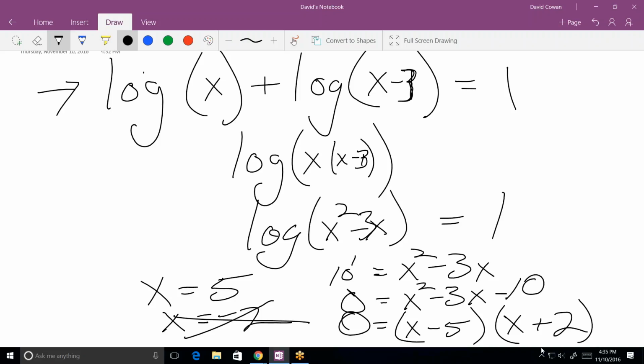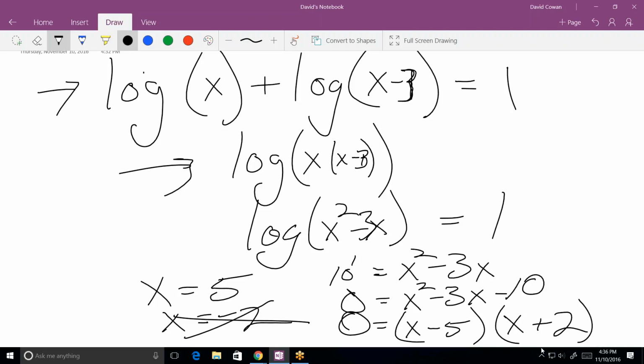And notice one other extremely interesting thing. If you plug it into that, it does not violate the domain. Because that's a minus 2, that's a minus 5. Minus times a minus is a plus. I'd be taking the log of 10.